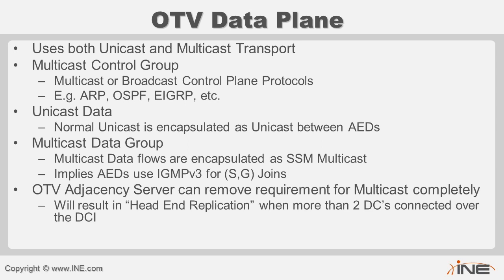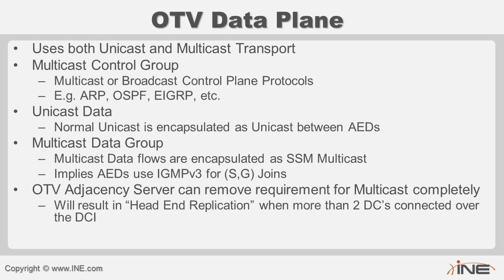So ideally, you would have a multicast-aware layer 3 transit, which means that your control plane and your actual multicast data plane are going to be efficiently transported. But in the case that you don't have layer 3 PIM in the middle of the network, you can use the adjacency server, but it could end up in some additional replication.